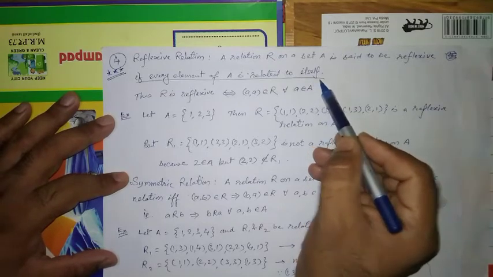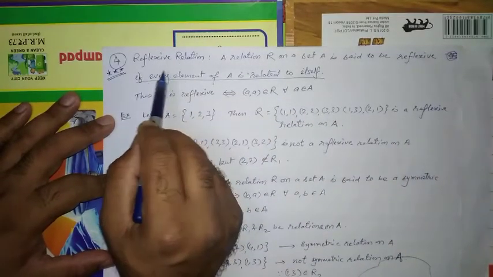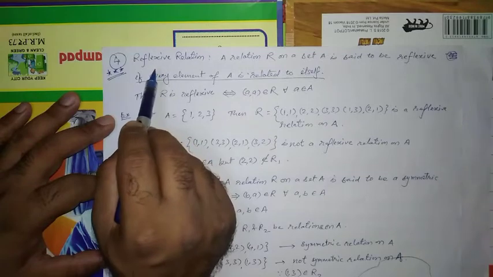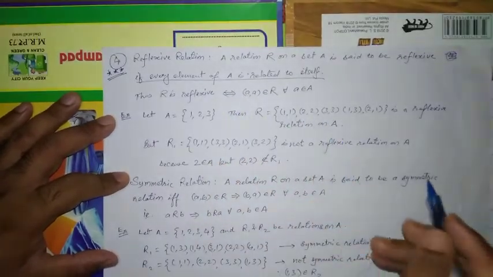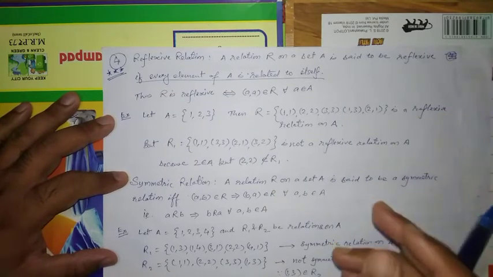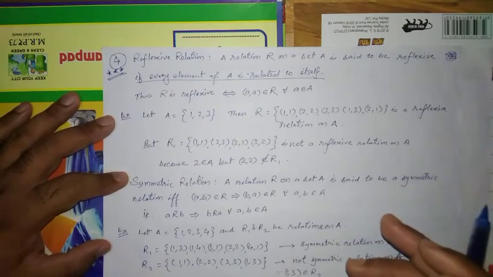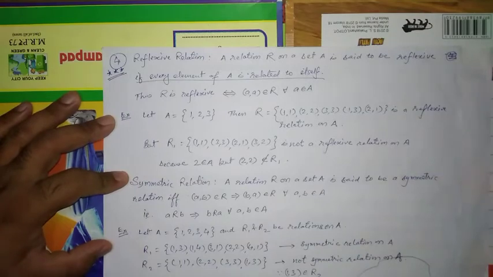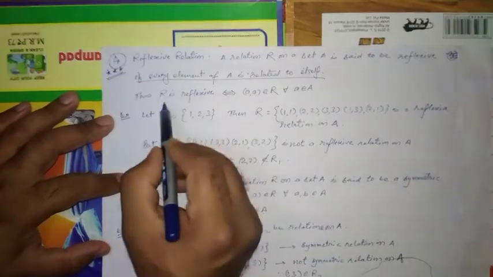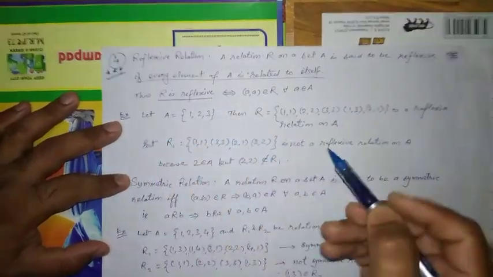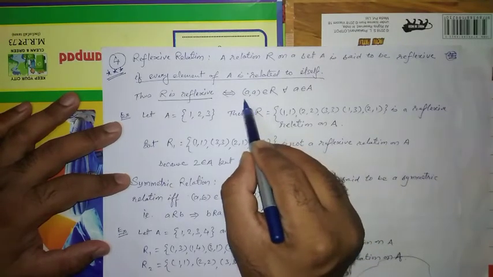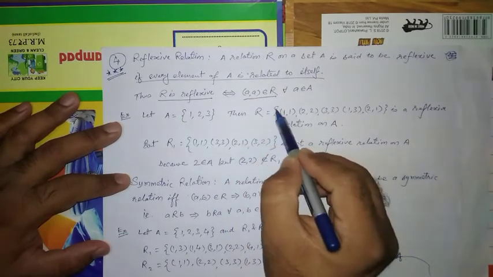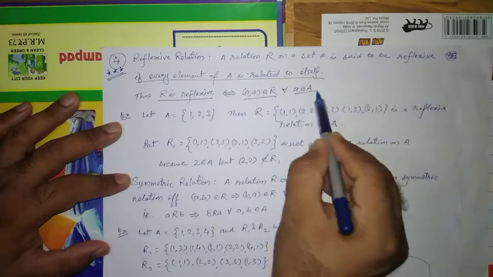Identity relation is a reflexive relation, but the converse of this sentence is not true. So identity can be reflexive, but not every reflexive relation can be identity. Thus R is reflexive if (a, a) belongs to R for all a belongs to A.